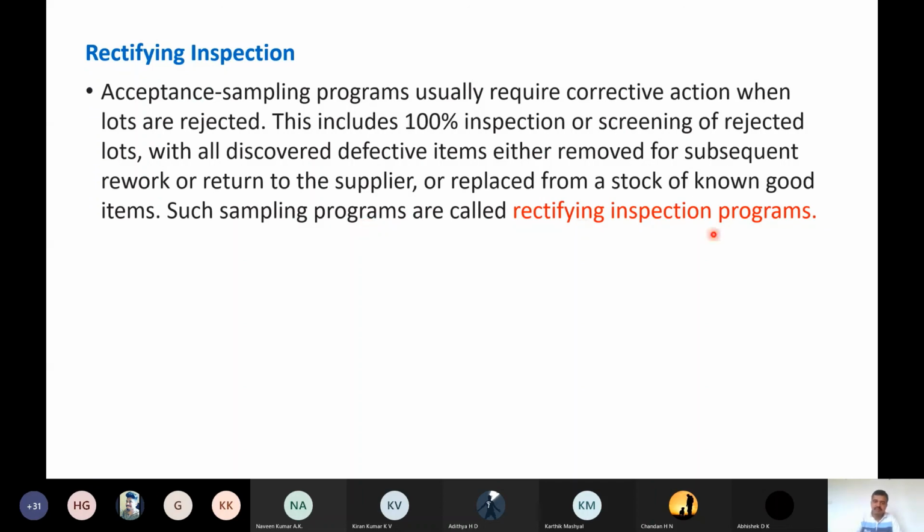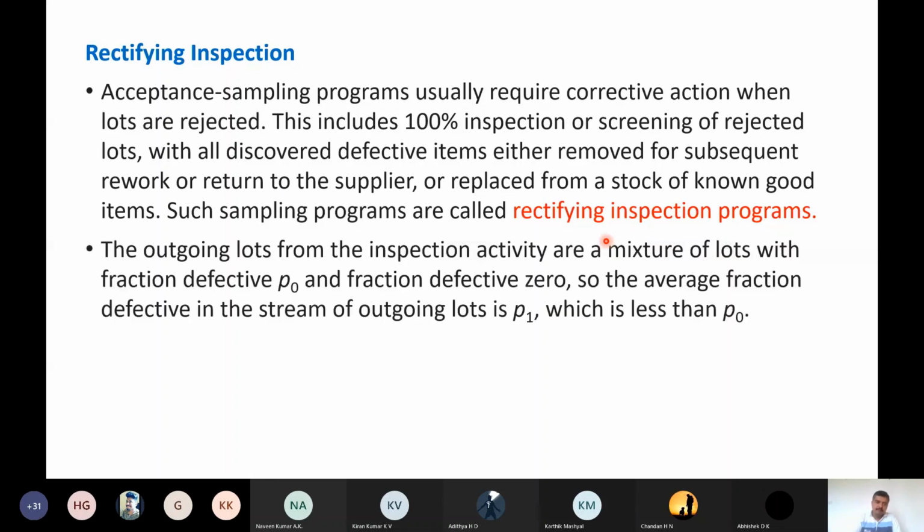So you are identifying all defectives in those rejected lots. Then you are doing rework if possible, or you are making them scrap and replacing them with a new set of units which have good quality. The outgoing lots from the inspection activity are a mixture of lots with fraction defective p0 and fraction defective 0.